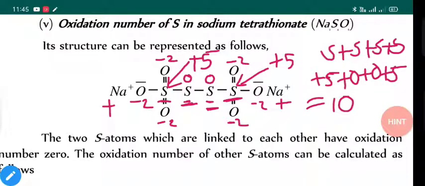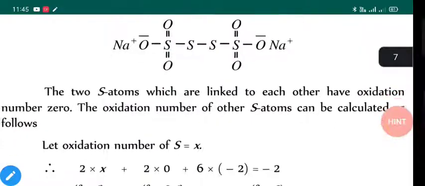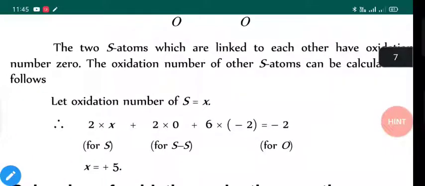So average is 10 divided by 4, that means 2.5. But this is not an average. 2 of the sulfur carry plus 5 charge and 2 of the sulfur carry 0 charge. And the same description is mentioned here. So sulfur attached with other atoms have plus 5 oxidation state, and sulfur atoms present at the center have 0 oxidation state. So these are the additional exceptional cases.